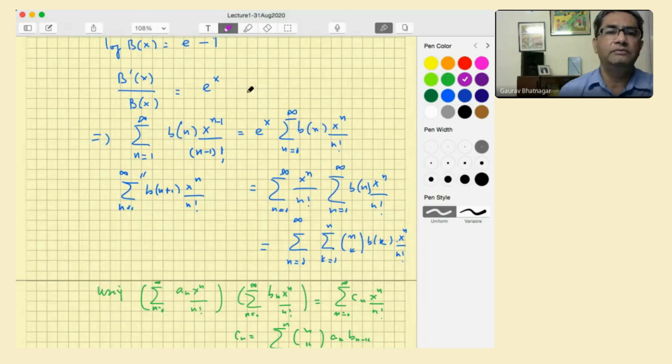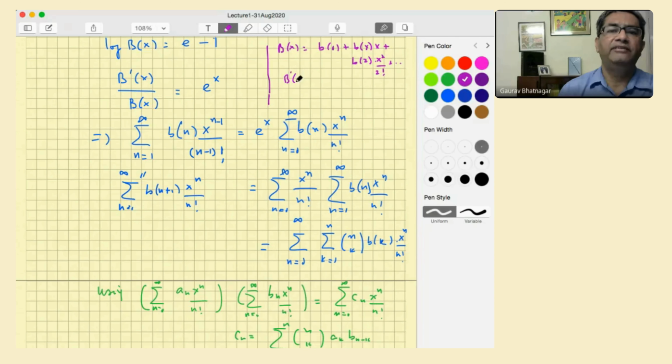So we had seen this before. So b of x, let me do it in a different color here. So b of x is what? It's b0 plus b1 x plus b2 x squared over 2 factorial, and so on.